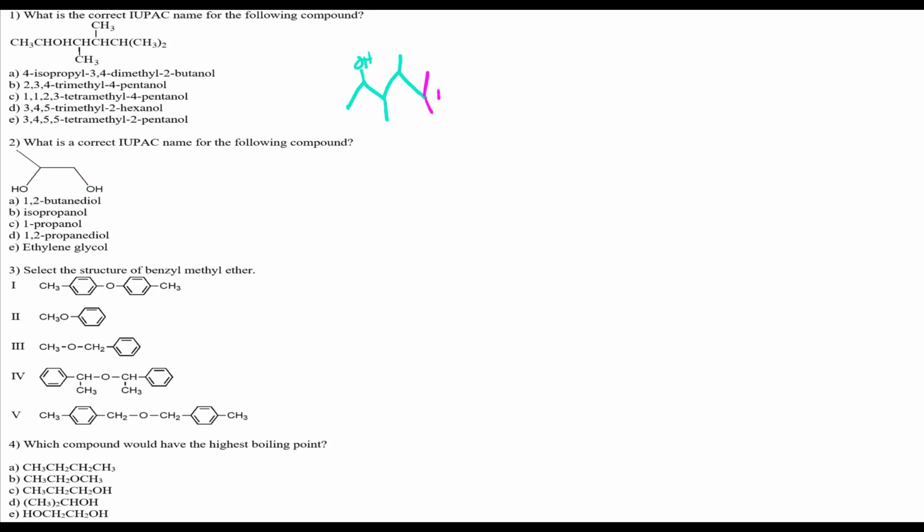I don't say 1, 2, 3. No, because I want to count so that my alcohol is on the lowest number. So we're going to say 1, 2, 3, 4, 5, and 6. I'm counting this carbon because again, I want to have the longest carbon chain. Now notice that my longest carbon chain is 6, and 6 gives me a hexane.